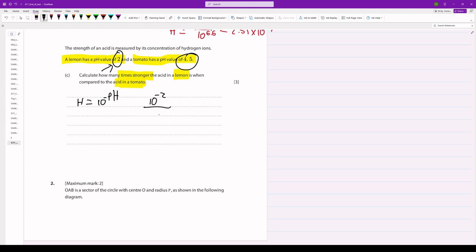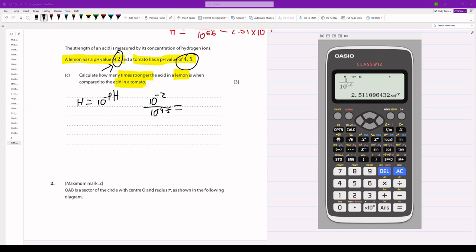And a tomato has a pH of 4.5, so 10 to the power of -4.5. And now I just get my calculator to do it. 10 to the power of -2 divided by 10 to the power of -4.5. 316. Done.